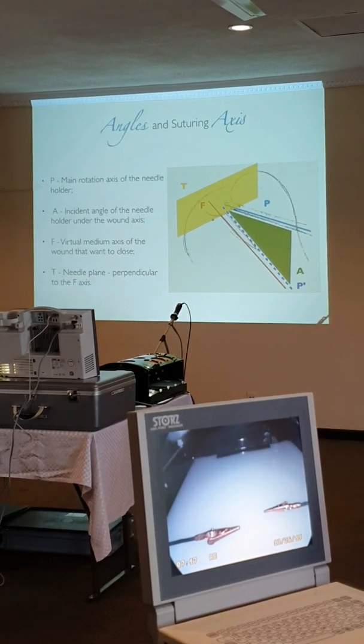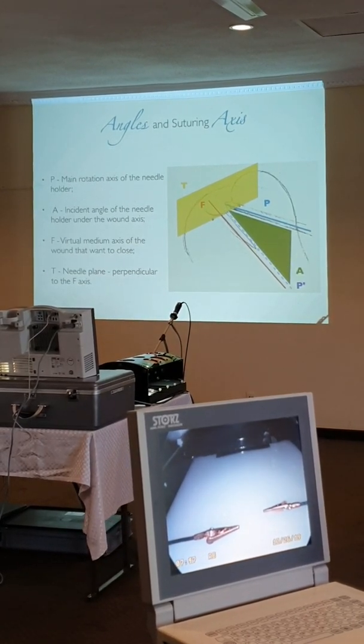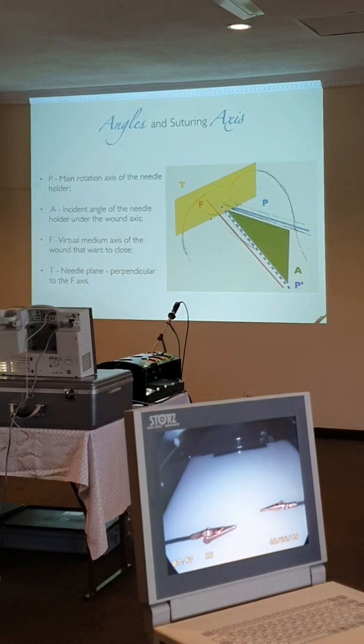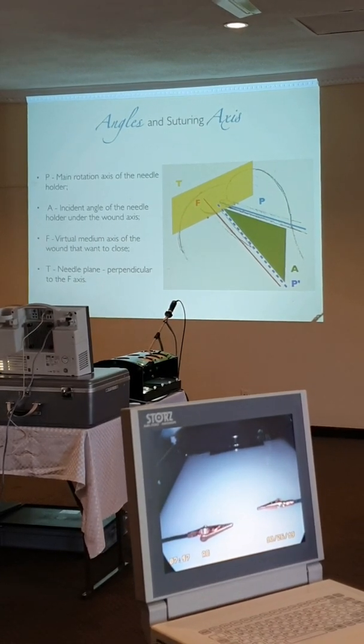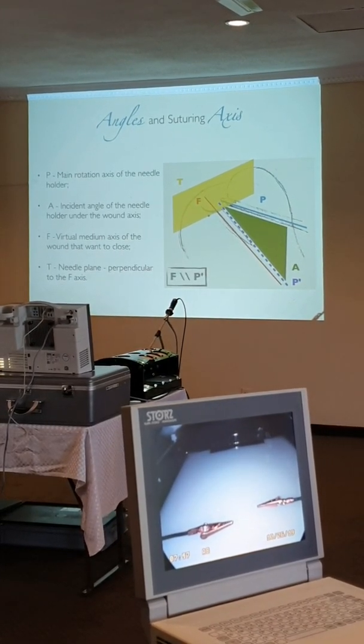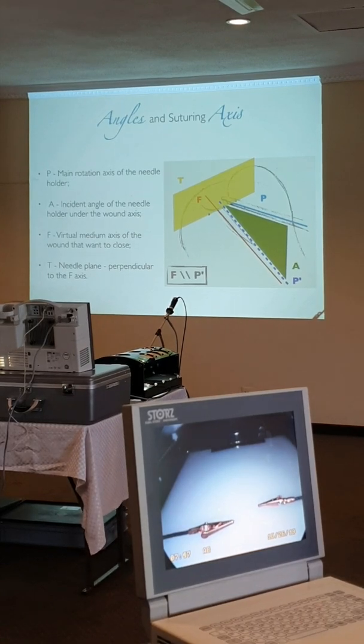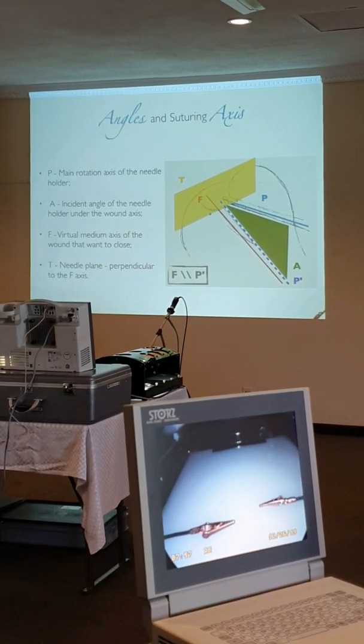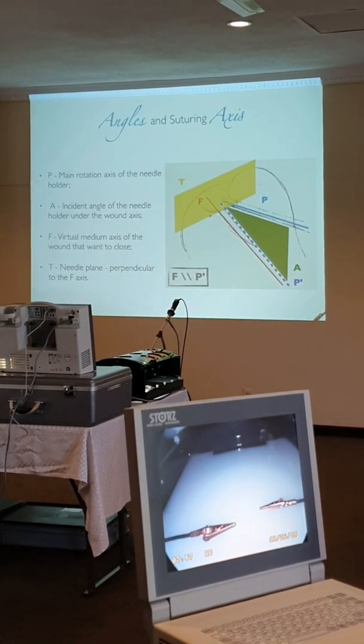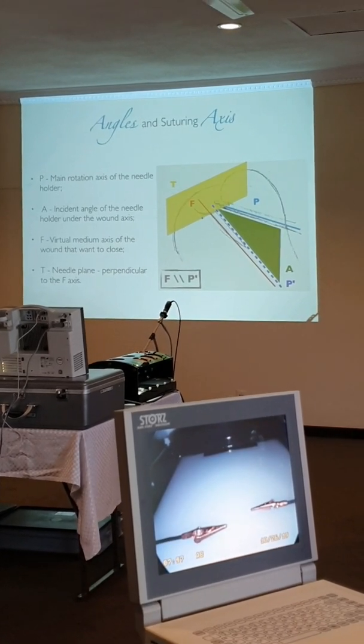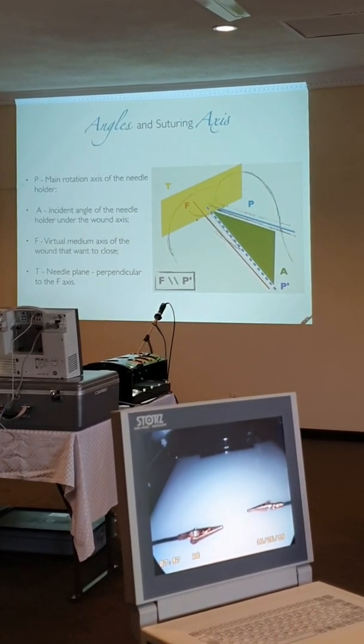So you create a P line with the P, and when the P line is parallel to the F axis, you take a good and perfect stitch. It's the perfect stitch.